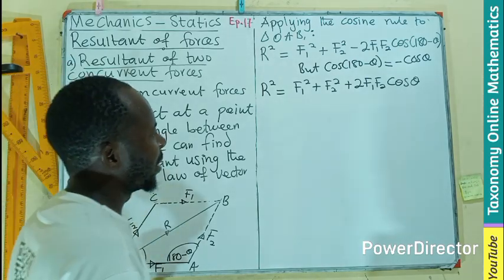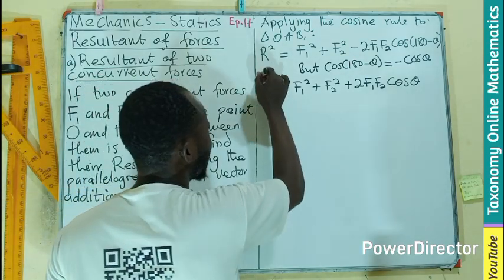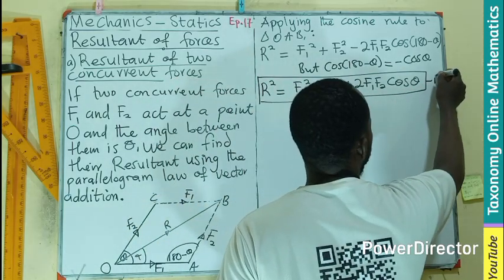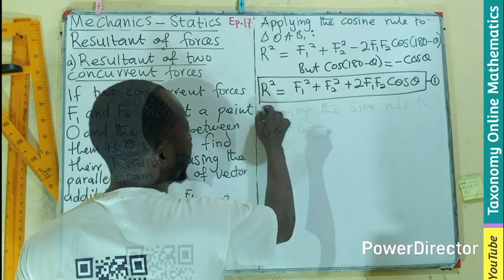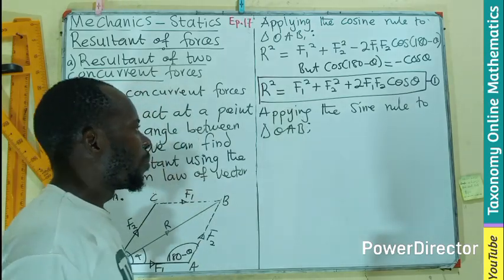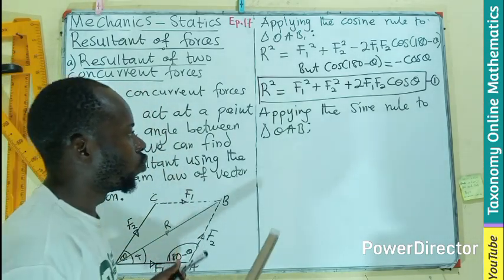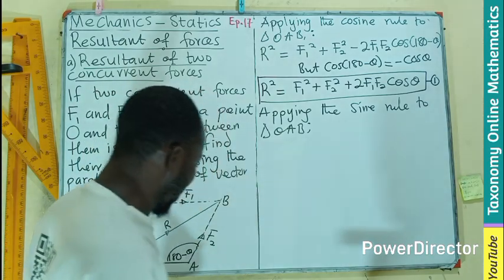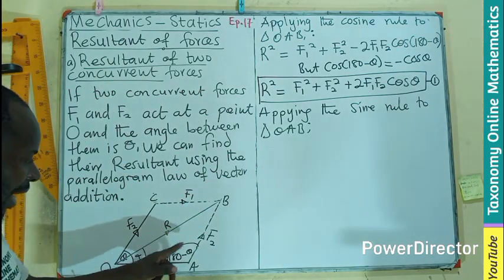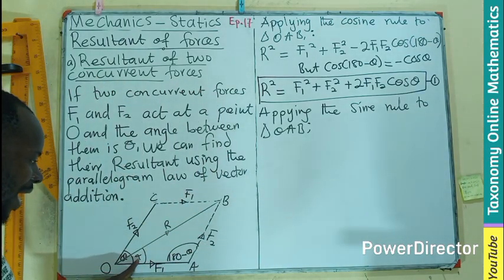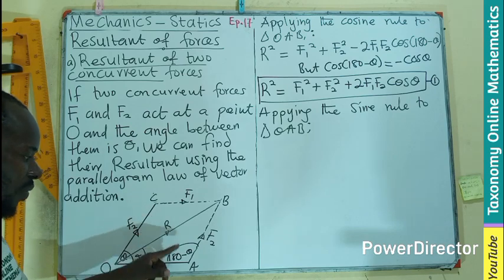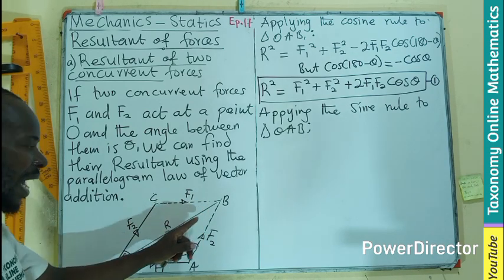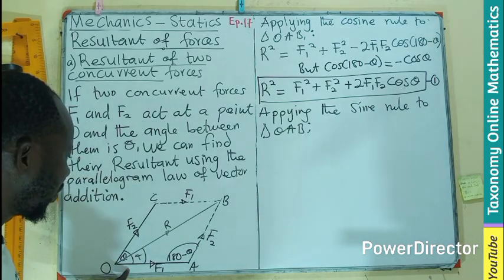So let me just put this here as my first, so applying the sine rule to the triangle OAB. We know that I can pick this which is facing here as the angle. I can pick this facing here. I don't know the angle here, even though after knowing this I can find it, but that is not our concern now.